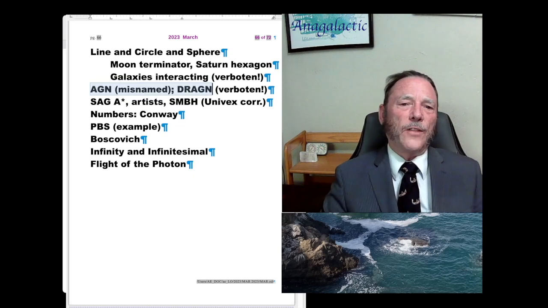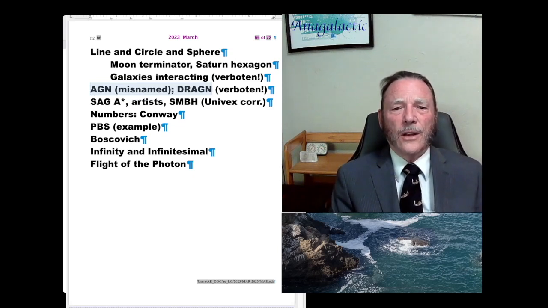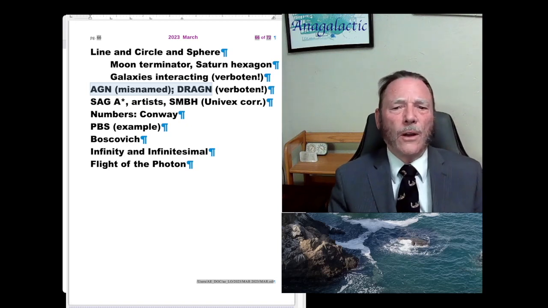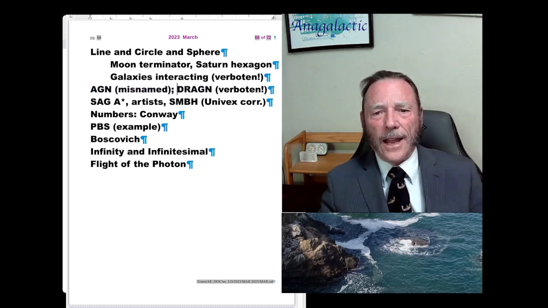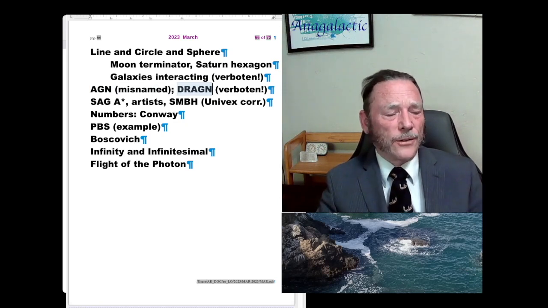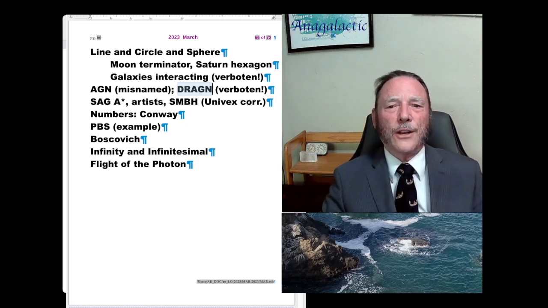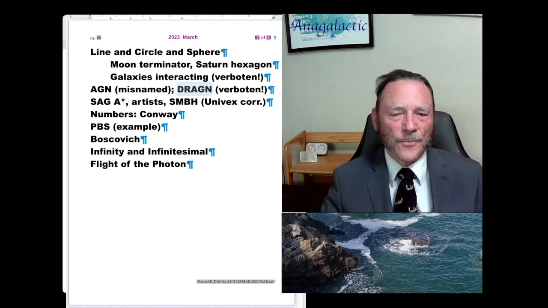Now, you may have heard of the active galactic nucleus. That's a misnomer. And this term here, dragon, I'm an expert on dragons. If you type that in and try to get a couple of photographs maybe of what I mean, because it's something astrophysical, you'll get pictures of dragons.